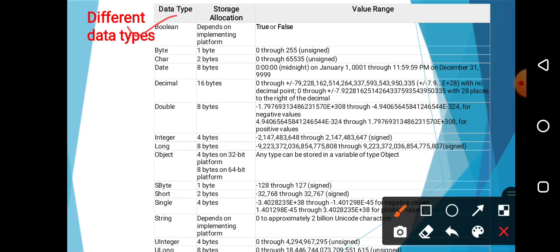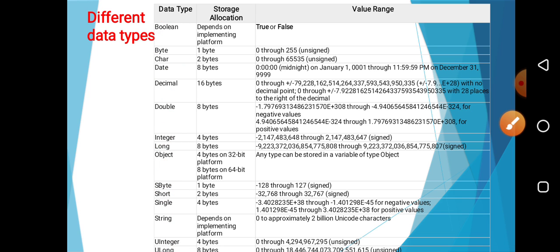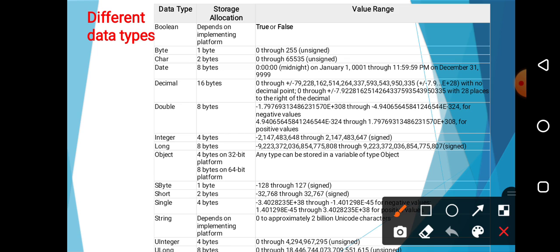The different data types are Boolean, Byte, Char, Date, Decimal, Double, Integer, Long, Object, SByte, Short, Single, String, UInteger, and ULong. You have already heard about integer, character, float, or decimal. In a similar way, we can use the different data types over here. The first one is Boolean.